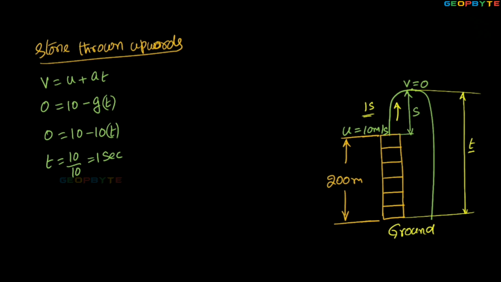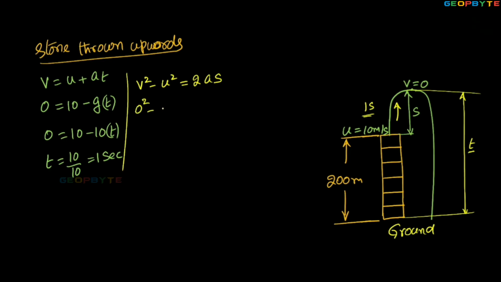You need to know that the total height is to be found. For finding the s, v square minus u square equal to 2as. At the uppermost point, v equal to 0.